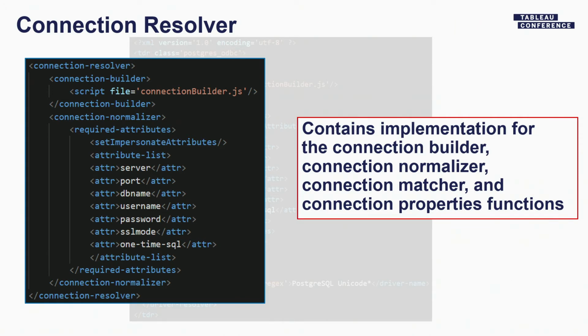And then we also have a set of attributes that each connection has, a connection being, put simply, one connection between a certain user account and a certain server. And the connection normalizer will build a list of those required attributes and make sure that there are no attributes that aren't supposed to be there and that all attributes that are supposed to be there are added in.